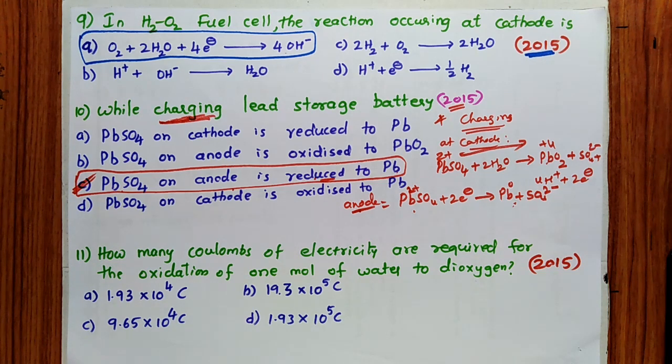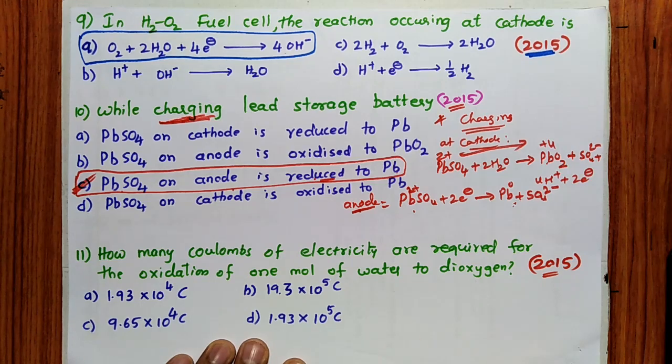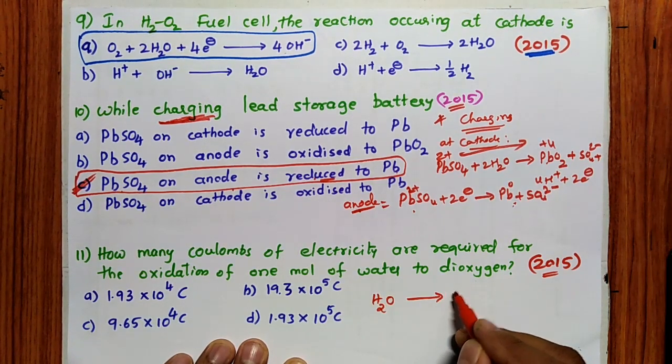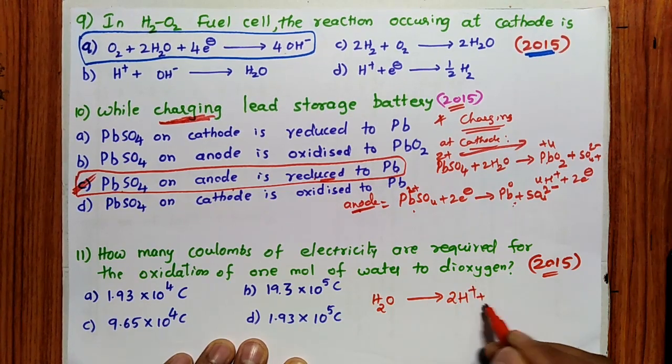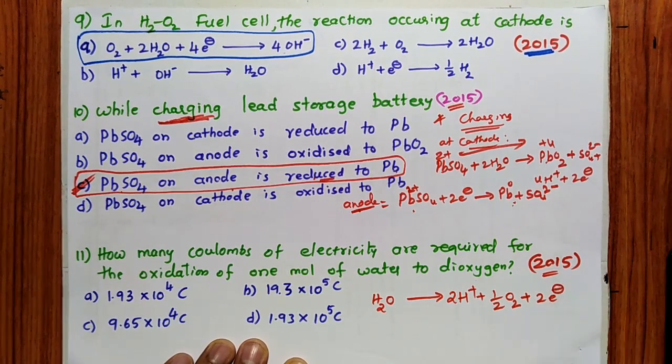Then you will see: how many coulombs of electricity are required for the oxidation of 1 mole of water to dioxygen? Remember, 2015 asked question. We have to write the reaction. The reaction is H2O gives rise to 2H plus plus half O2 plus 2 electron.